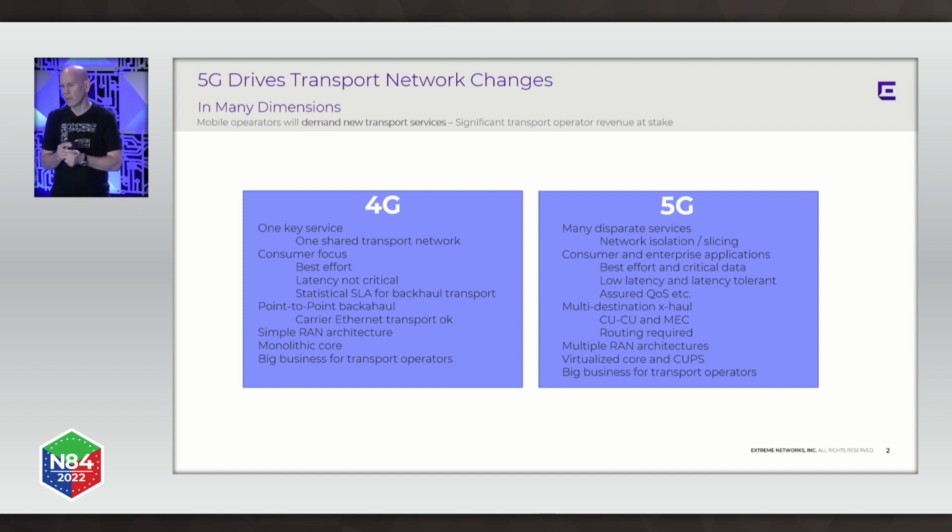So if you look at 4G, 4G is one key service. It's one shared transport network. It is best effort, and latency is not that critical. Then you go into things like the point-to-point backhaul. So for 4G, you are actually using layer 2 point-to-point backhaul. Carrier Ethernet is completely fine for that. And then you have a single RAN architecture basically for that one.